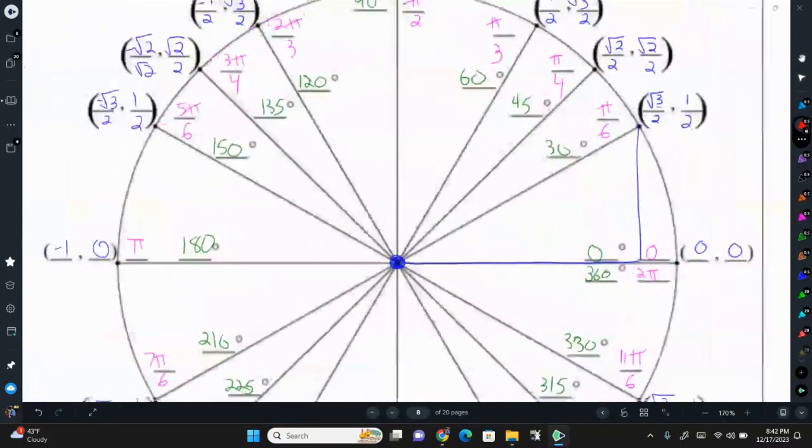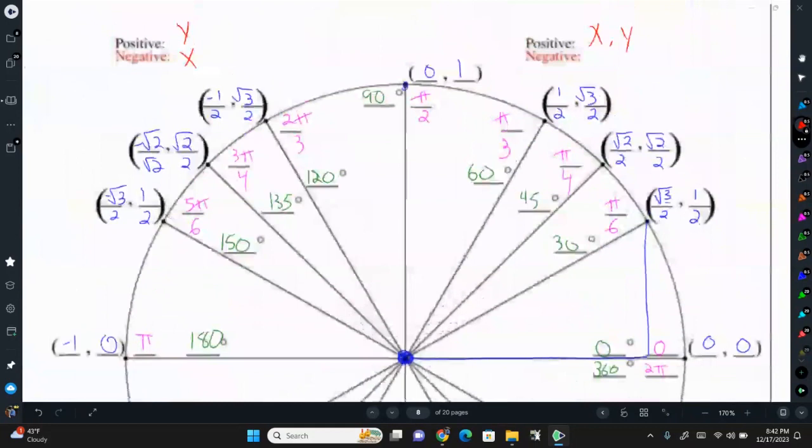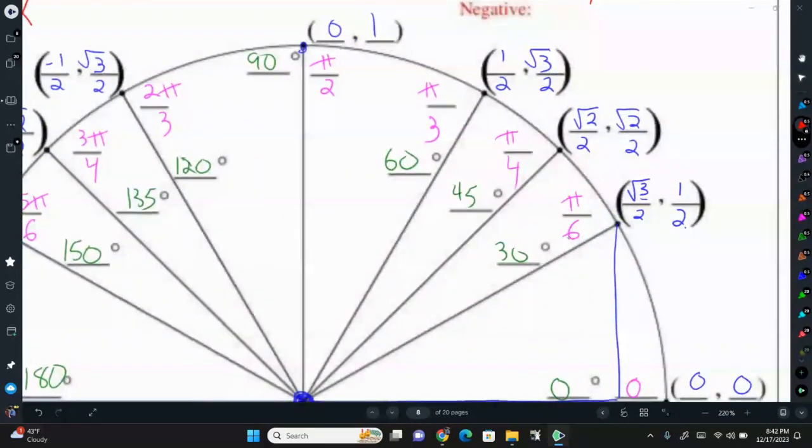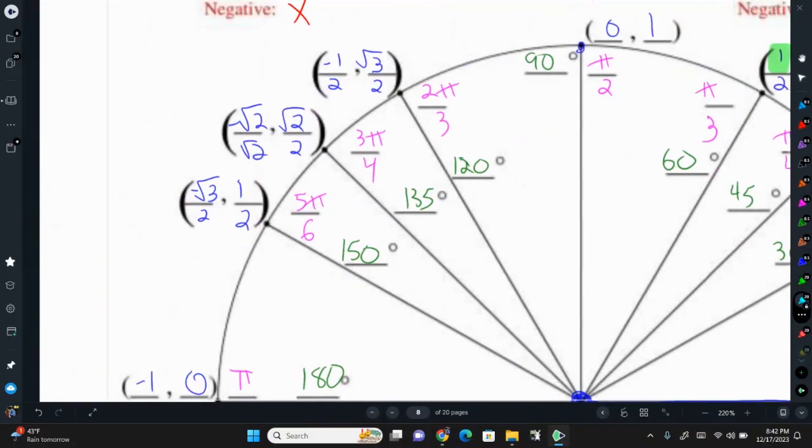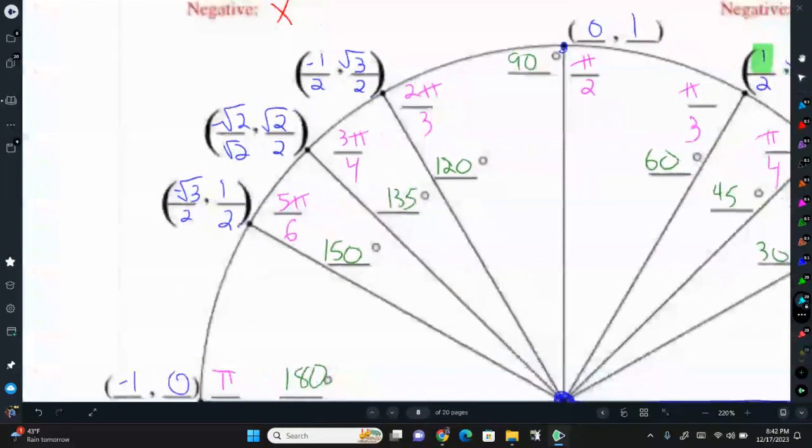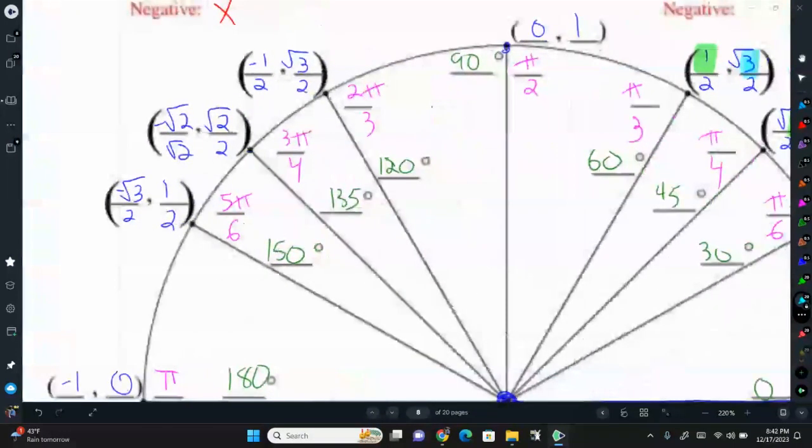So now, some of the patterns that I want to point out, more than I've already pointed out. If you look at your x values here, we go square root of 3, square root of 2, square root of 1, which is just 1. And then the y values go in the reverse order, 1, 2, 3. And then if we go over here, again, you can reflect, but again, it goes in reverse order.